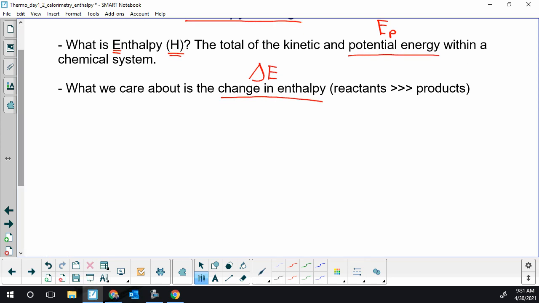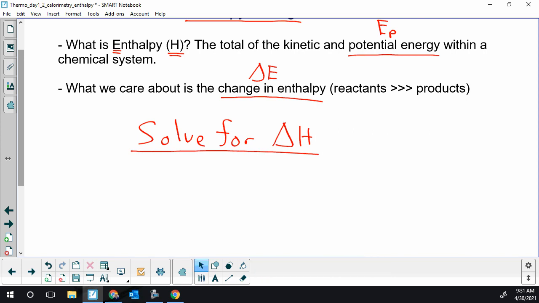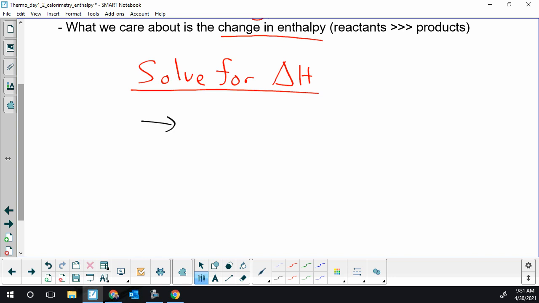So I always calculate enthalpy in 2 steps. You're going to have lots of questions where you're going to have to solve for enthalpy change. First step is what we just discussed on the previous slide. You're going to get the number value of enthalpy from Q equals MC delta T. You're going to figure out how much energy went into the surroundings.